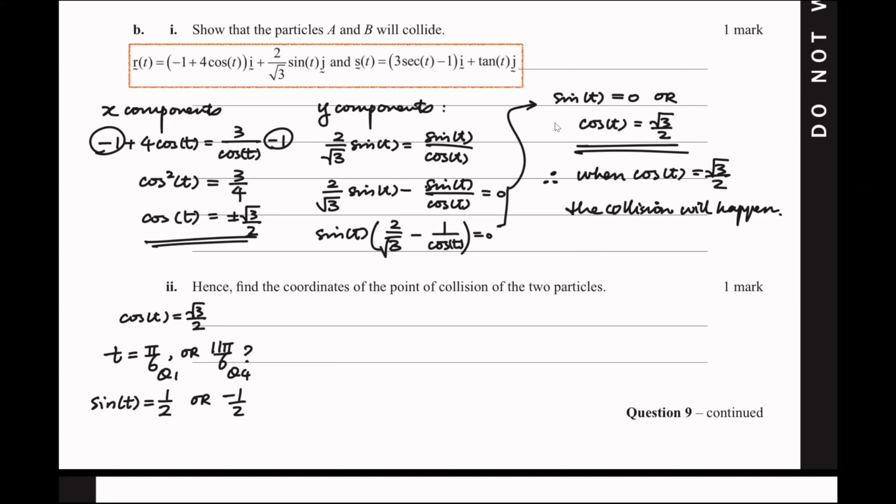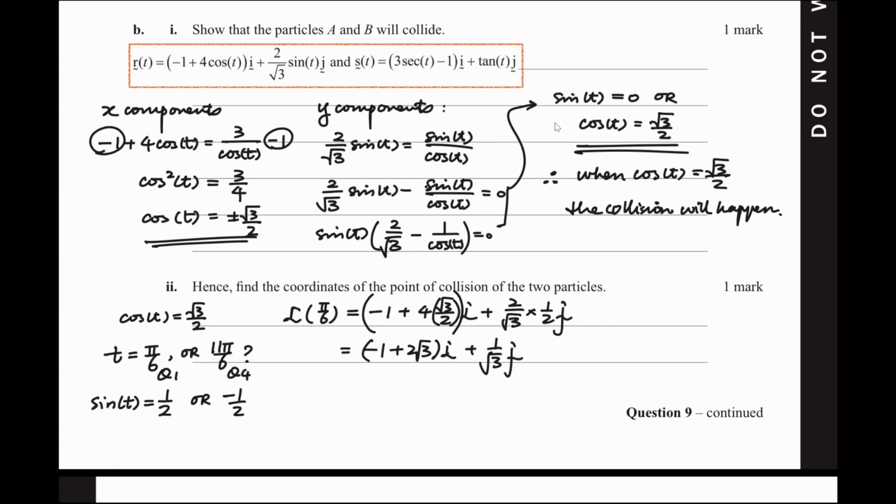For example, r of pi on 6 is going to be minus 1 plus 4 times root 3 on 2 i, plus 2 on root 3 times half j, and that's giving me minus 1 plus 2 root 3 i plus 1 over root 3 j.